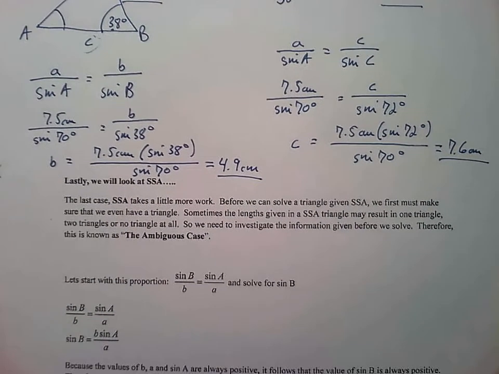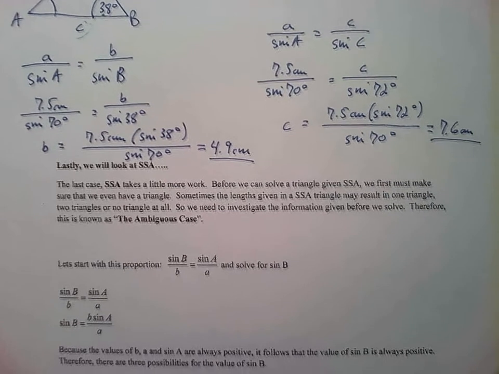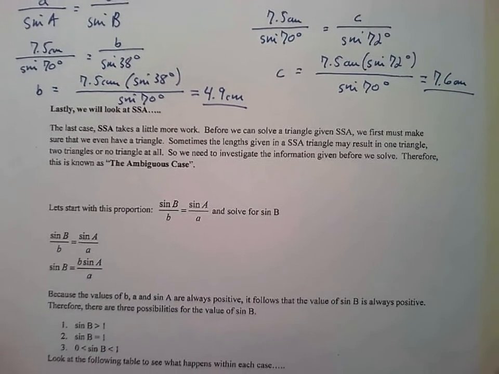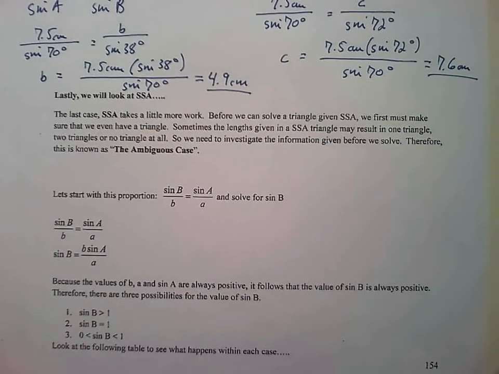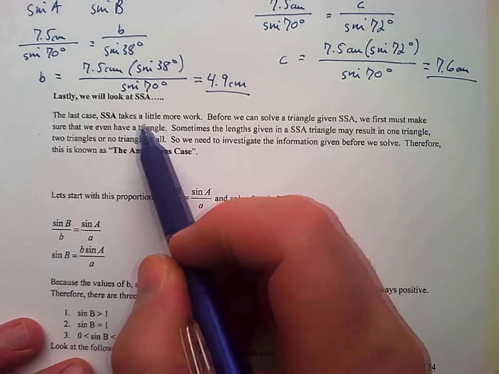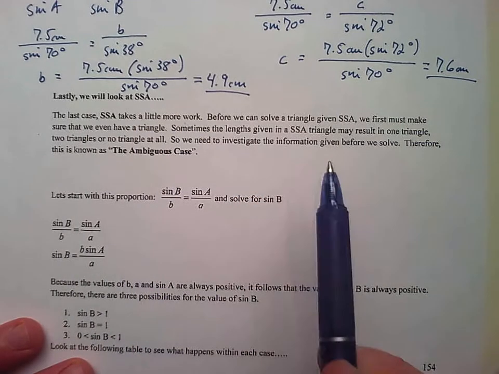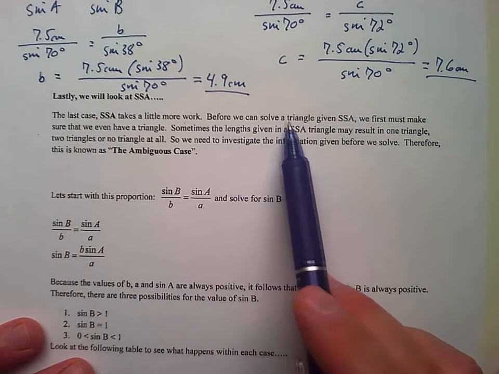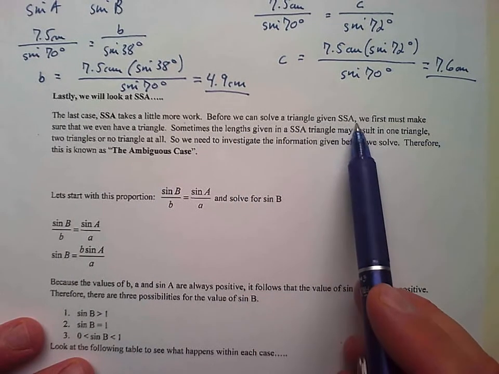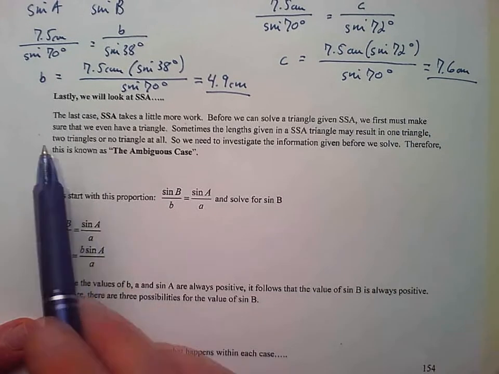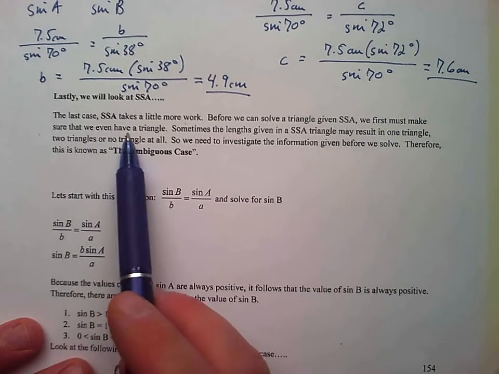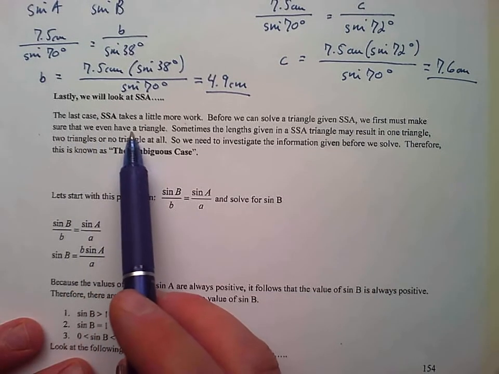Lastly, now we're going to take a look at side-side angle. And the last case, side-side angle, takes a little bit more work. Before we can solve a triangle given side-side angle, we first must make sure that we even have a triangle.